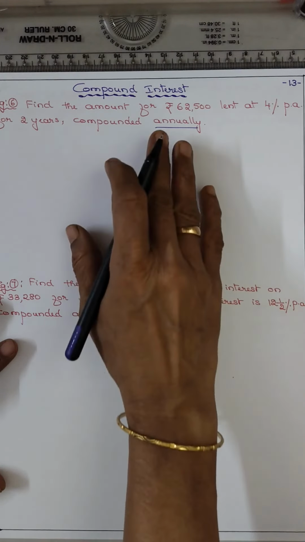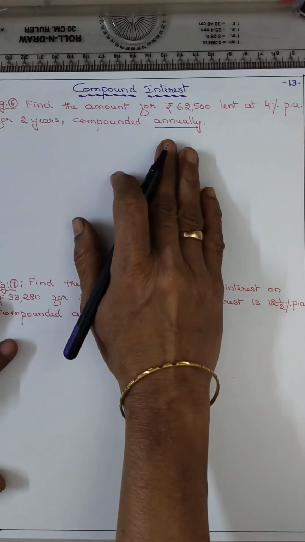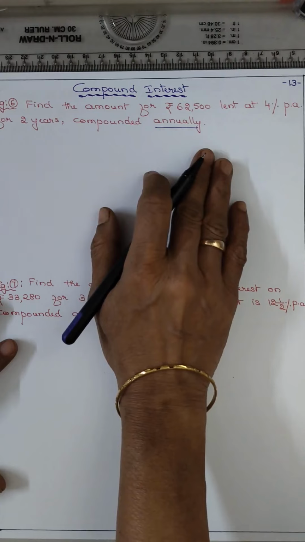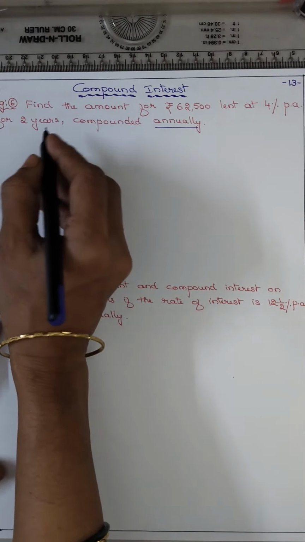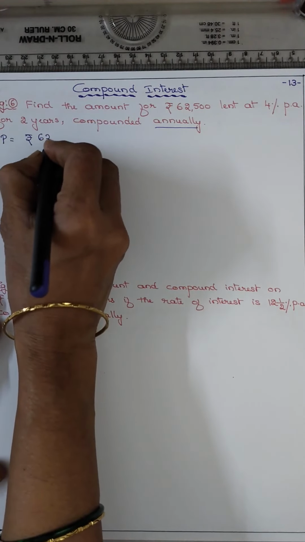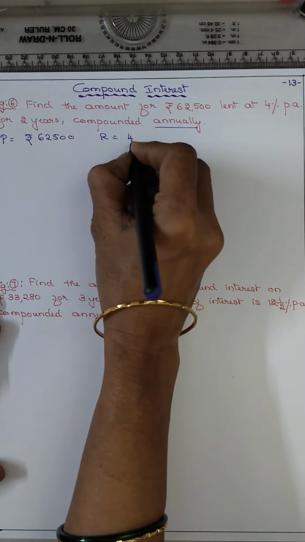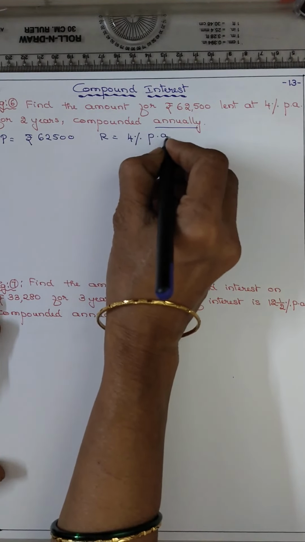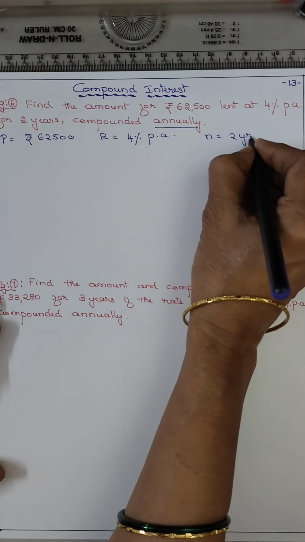So, first of all, read the question and find whether it is annually, half yearly, quarterly. First, it is only the amount we have to find out. So, P is equal to rupees 62,500, R is equal to 4% per annum and N is equal to 2 years.